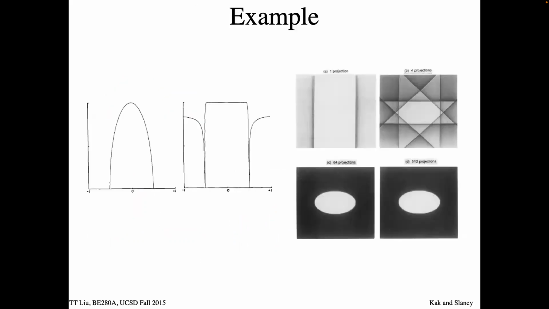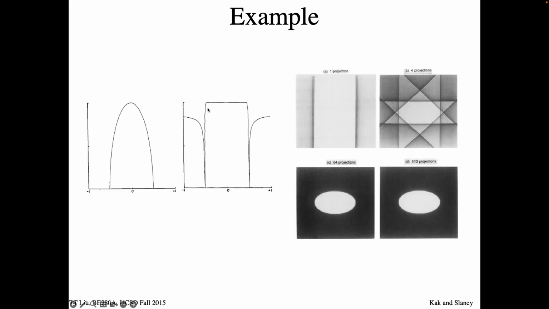Here's our original projection. It looks very much like that projection of a disk. This turns out to be an ellipse, actually. When you take the filtered projection, it looks like this, remarkably different from the actual projection itself.